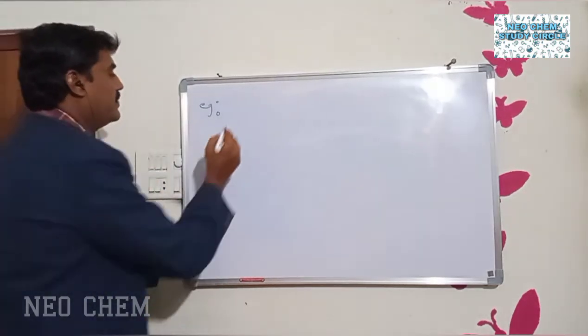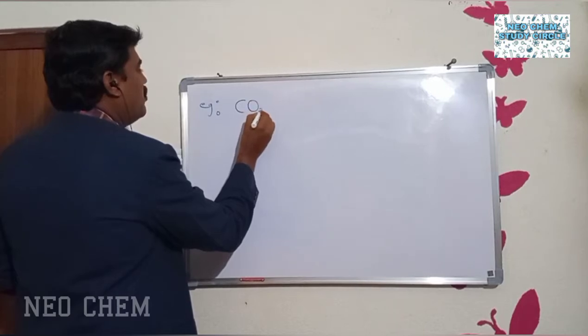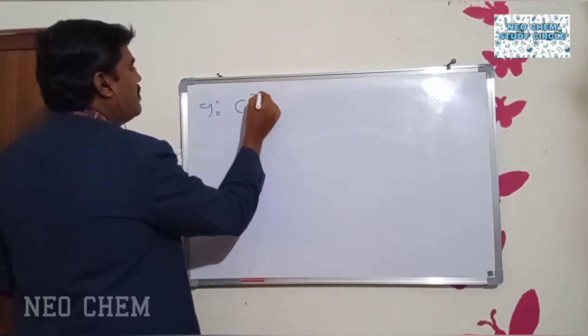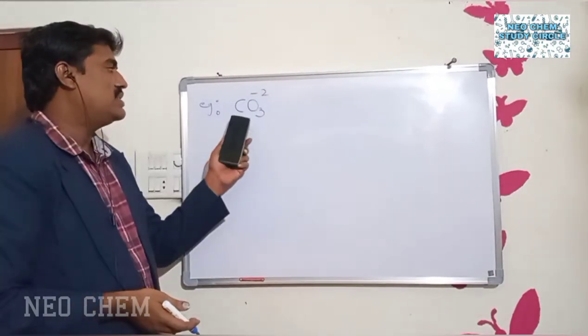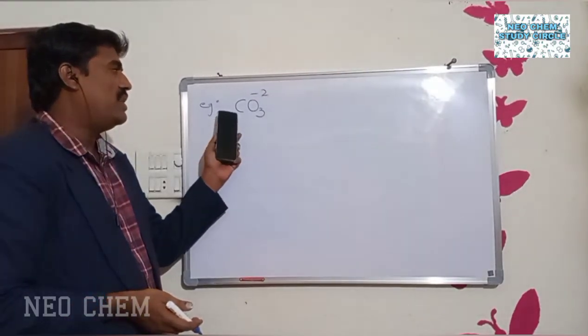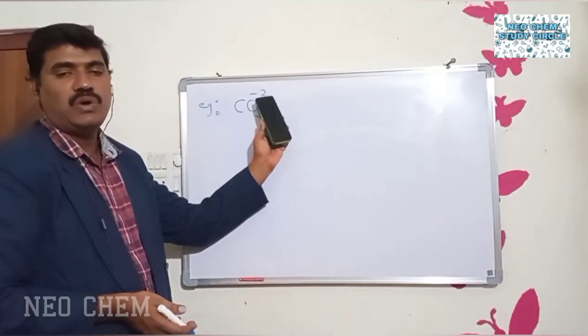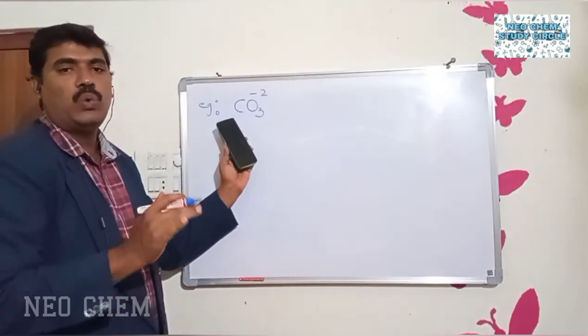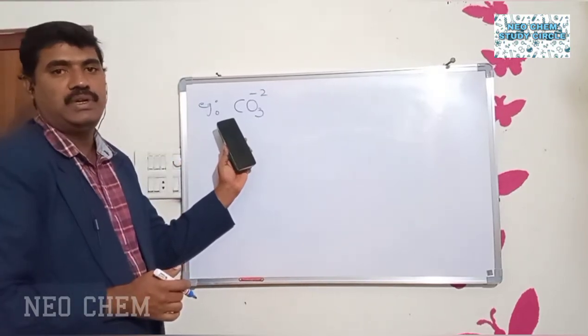For example, if we take carbonate ion, CO3 minus 2. In this carbonate ion, carbon is carrying 2 negative charges, so it should have 2 electrons more than its group number.